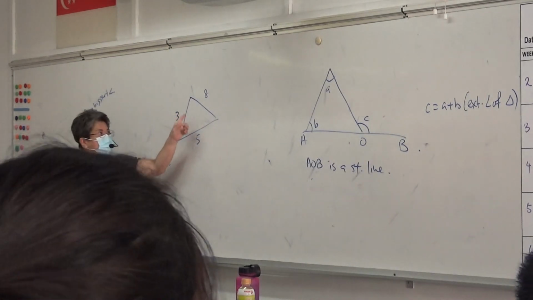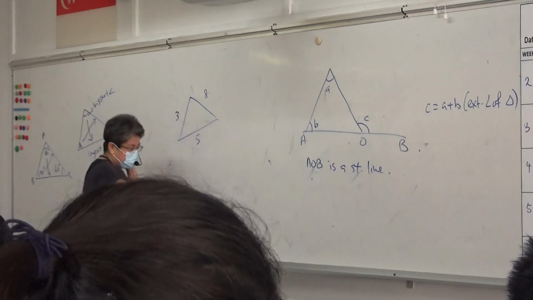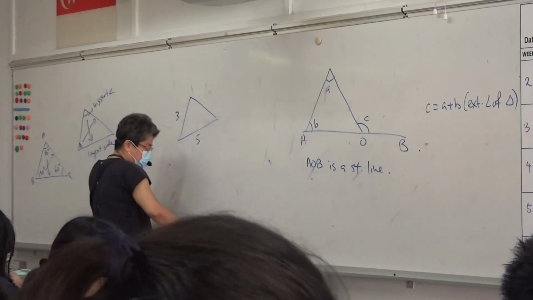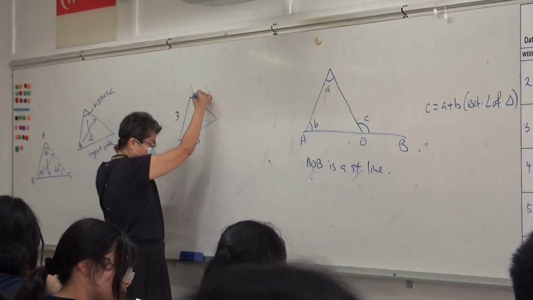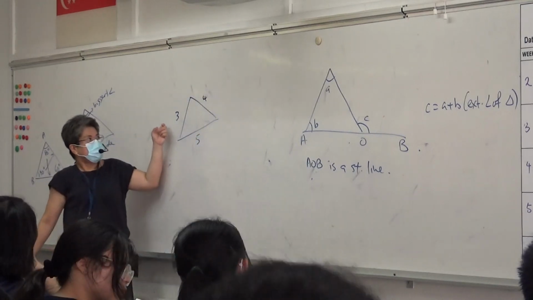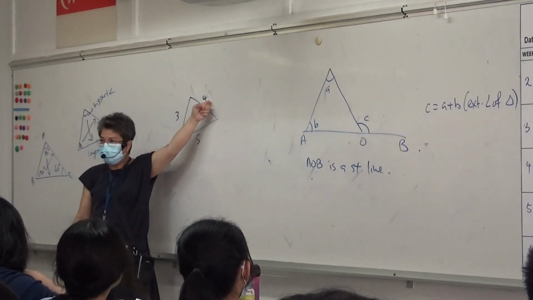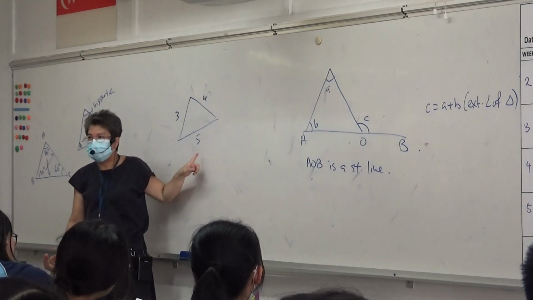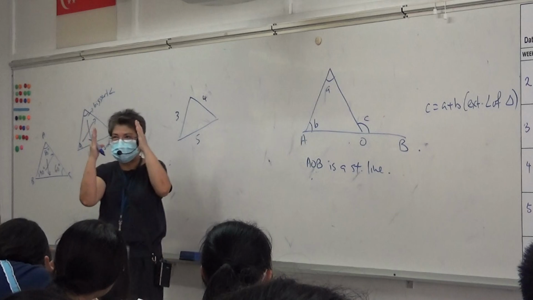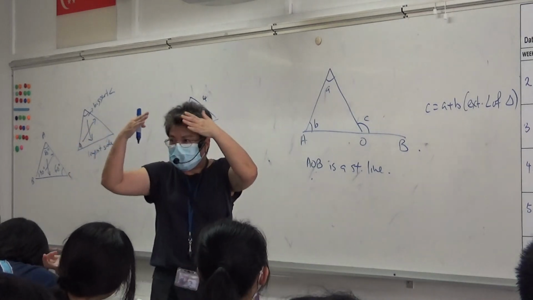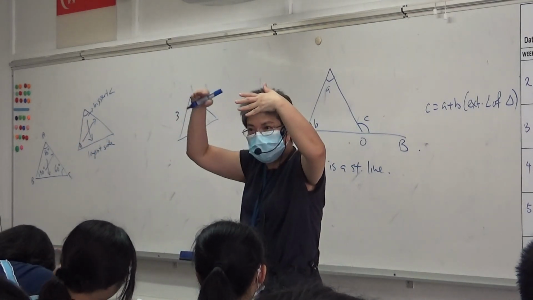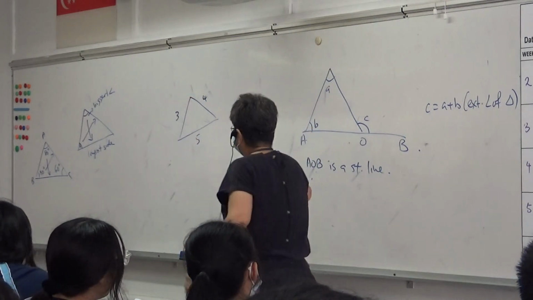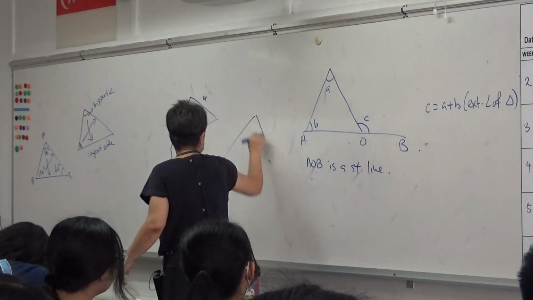Sorry, this one cannot exist because, let me just say this again. 4. Can you see the two shorter sides add up together is 7, right? This one is 5. So it's longer, you can construct. If not, the triangle will not meet. You understand? There will be a hole down there. Understand?